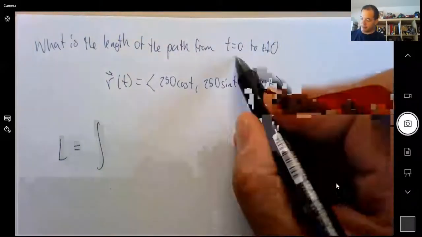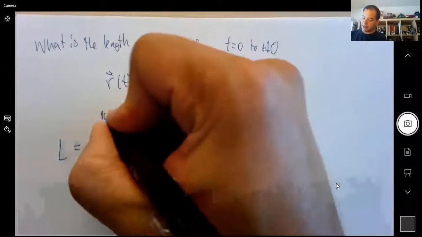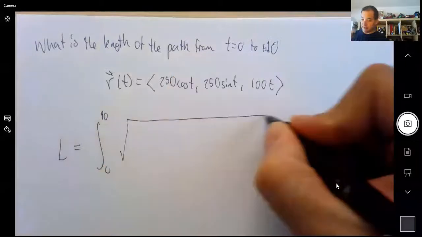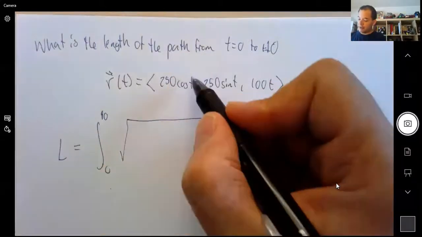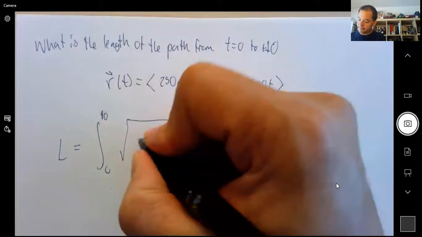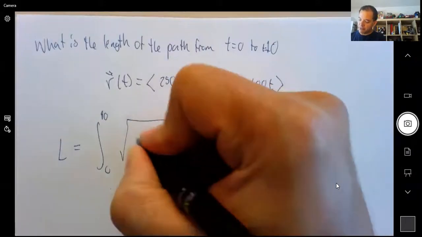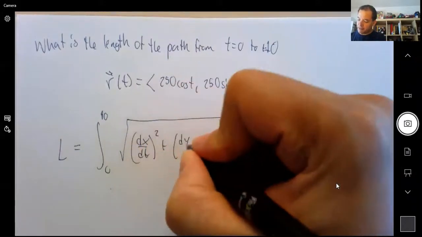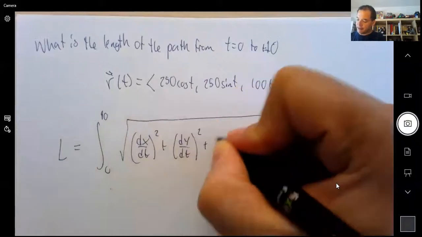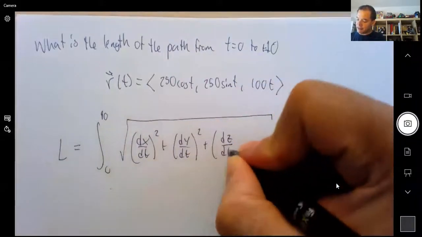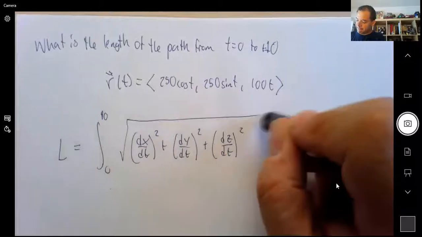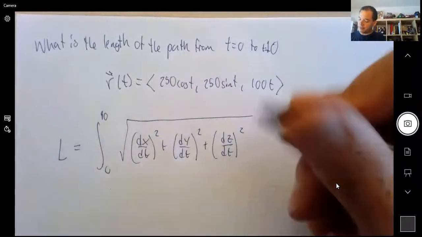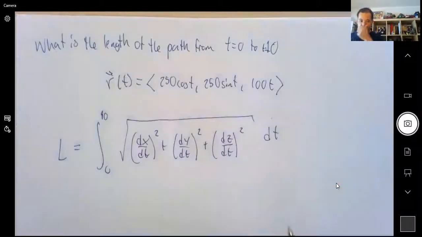Easy. From 0 to 10. That's super easy. And then a big square root of what? The derivative of x squared, the derivative of y squared, and the derivative of z squared. All of that with respect to t.